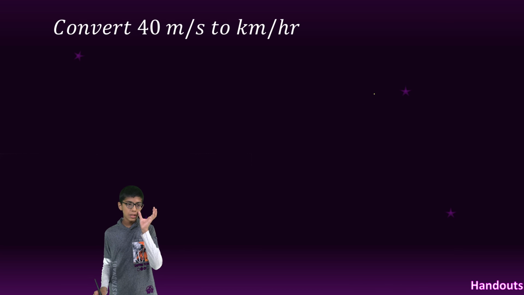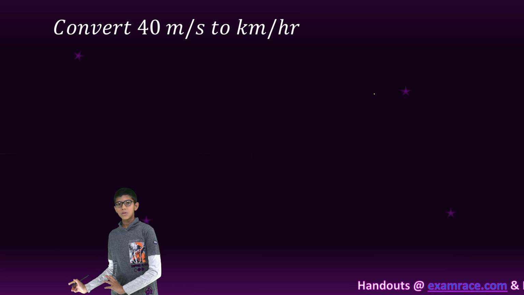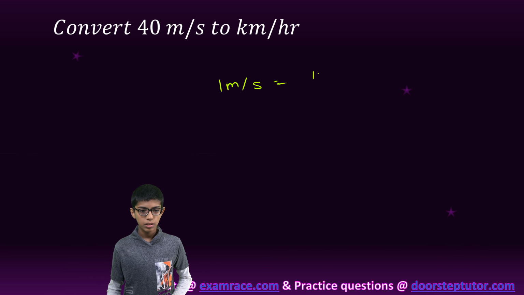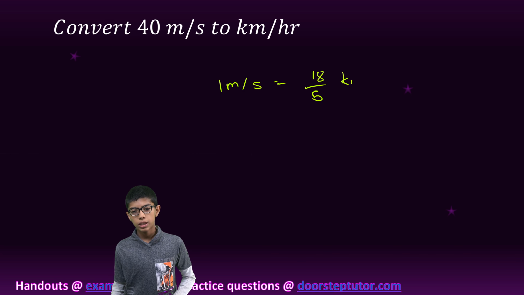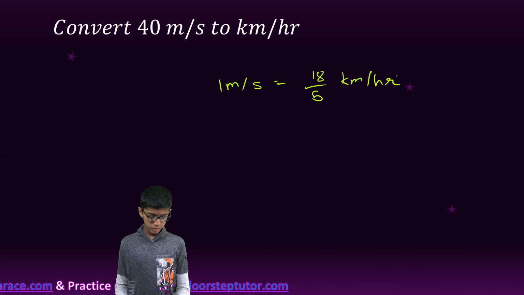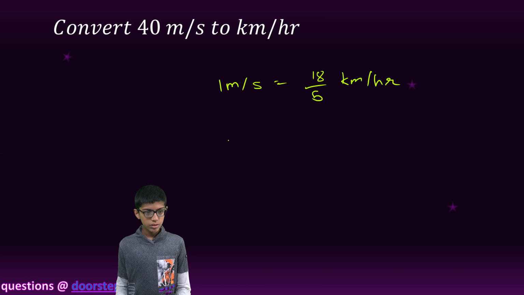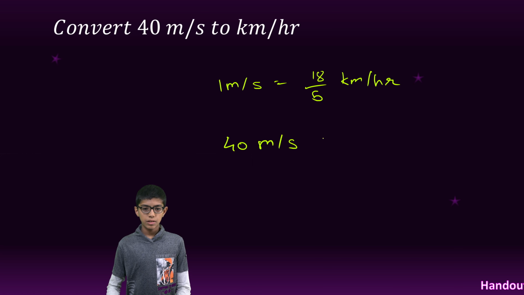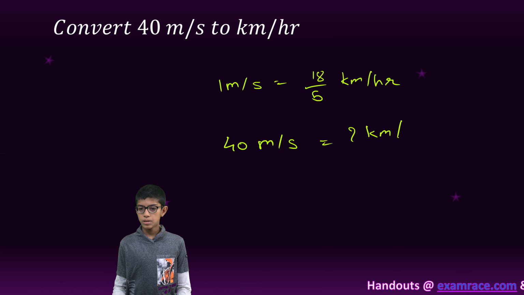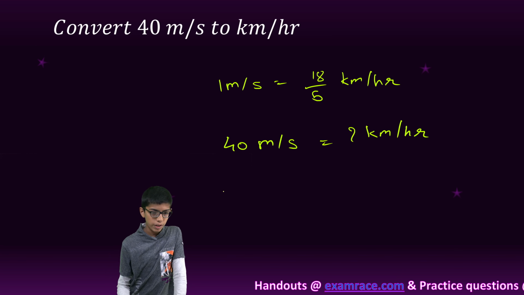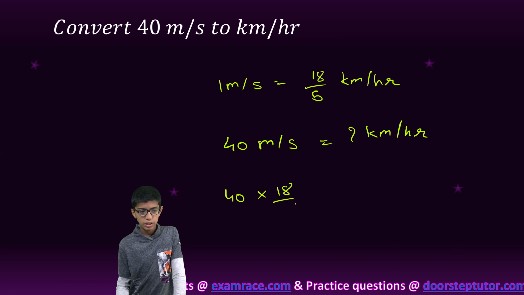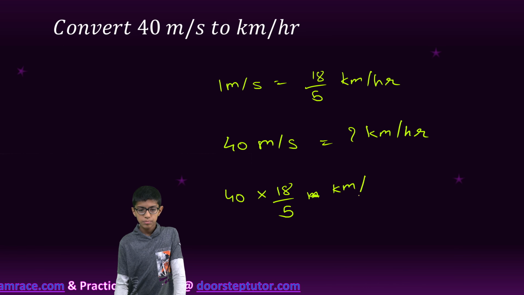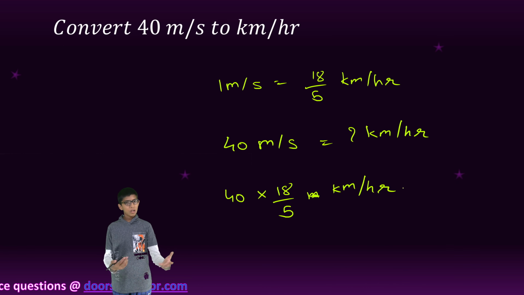Now the next one is 40 meter per second to kilometer per hour. So 1 meter per second equals 18 by 5 kilometer per hour. Therefore 40 meters per second equals, multiplying by 18 upon 5, 40 into 18 by 5 kilometer per hour. Now you will solve it on your own.